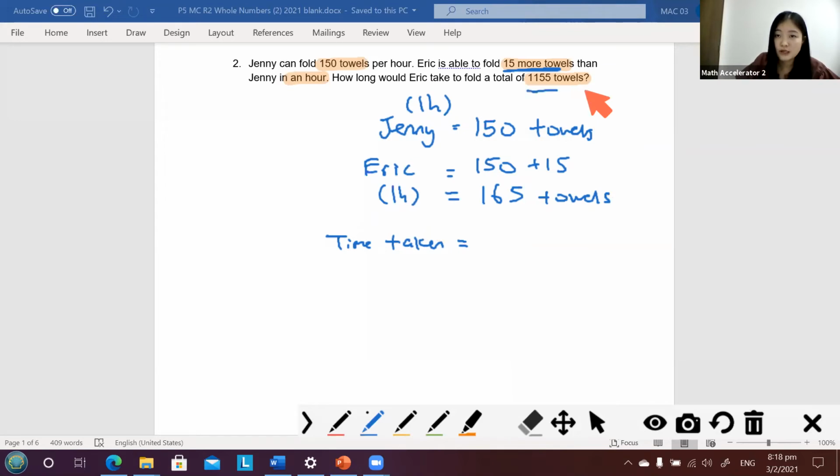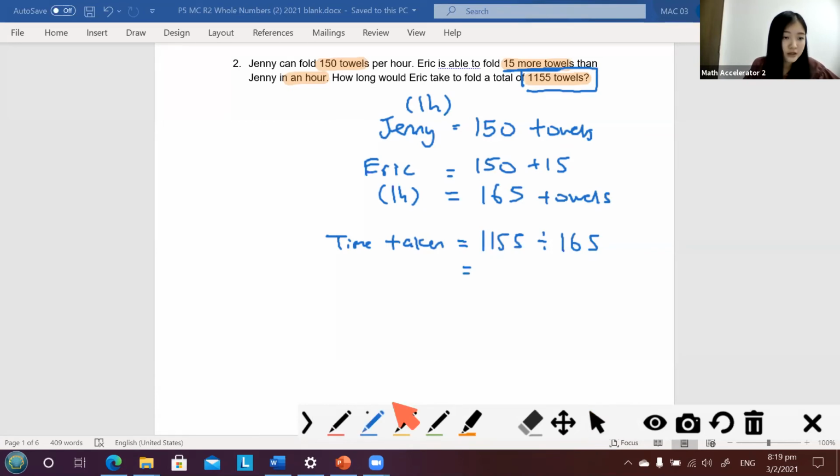So if you want 1155 towels, yes, you're trying to find how many 165s are there inside the 1155. So we take 1155, divide by 165. Okay, good. A lot of you telling me this step. 1155 divided by 165.